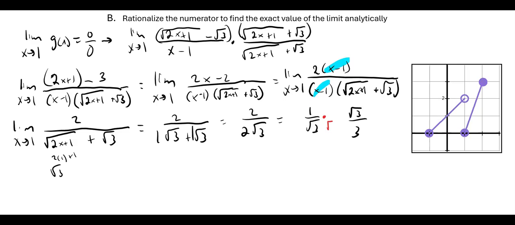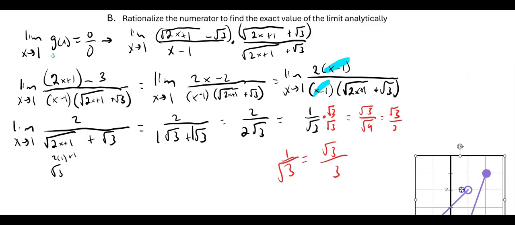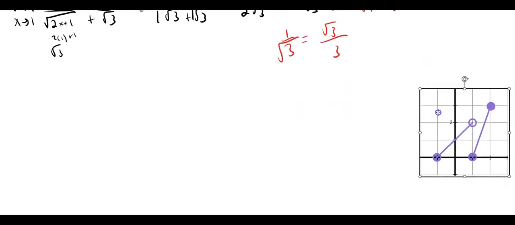You multiply both of these by radical 3, and radical 3 times radical 3 is really radical 9, which is 3. So you get radical 3 over 3. To make it simple, I just say move the radical to the top, keep the number from the radical at the bottom. Same thing.